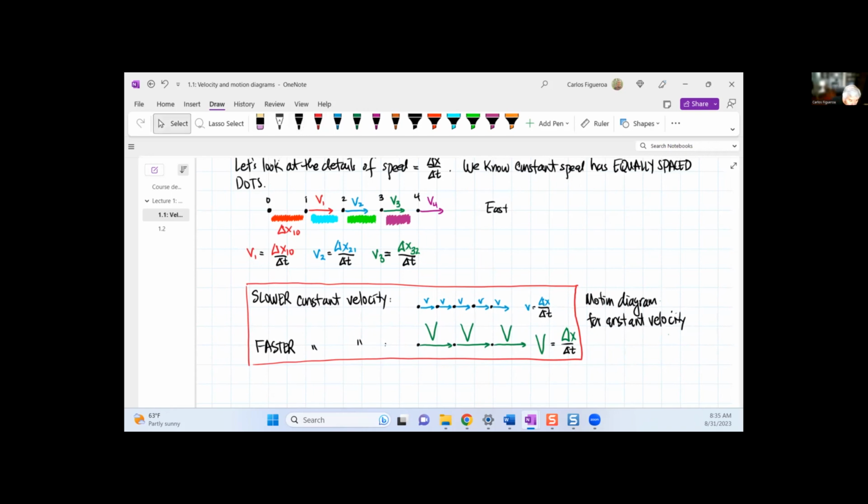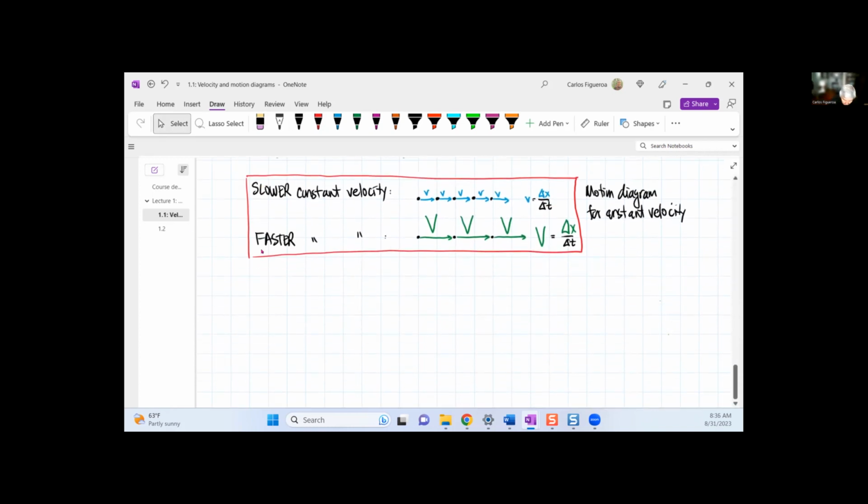if I start to look at this, now I can look at another situation of velocity and look at its motion diagram. So the second thing that we want to think about here is changing velocity. And what we're going to find here is that there are two ways to change velocity.